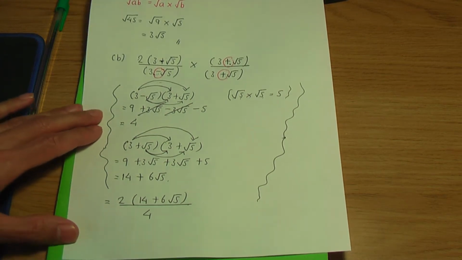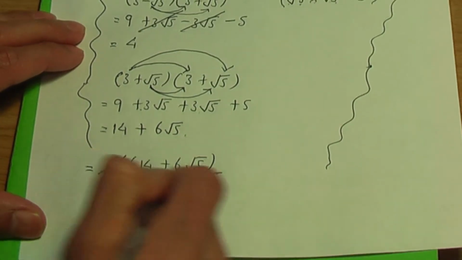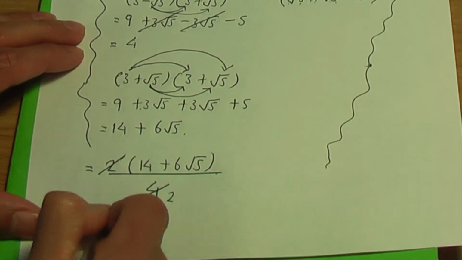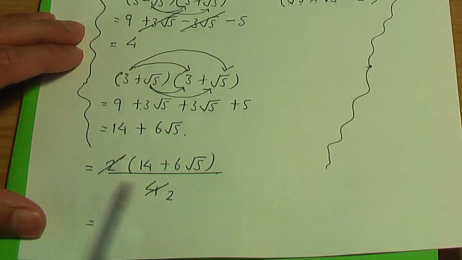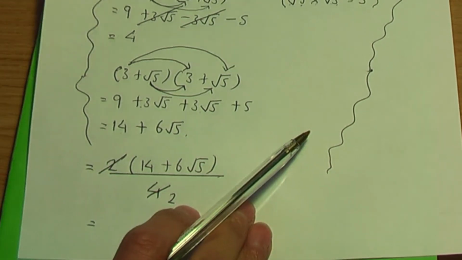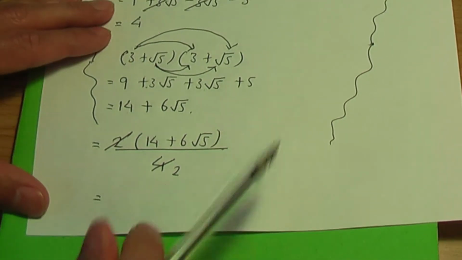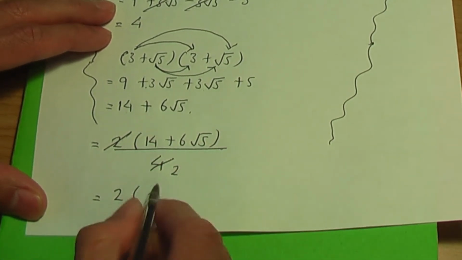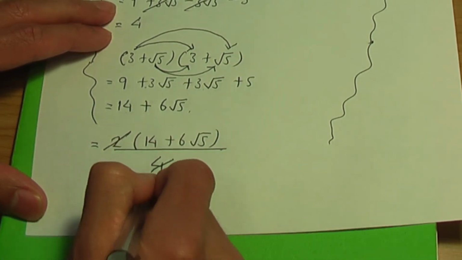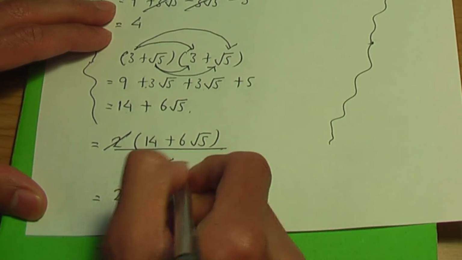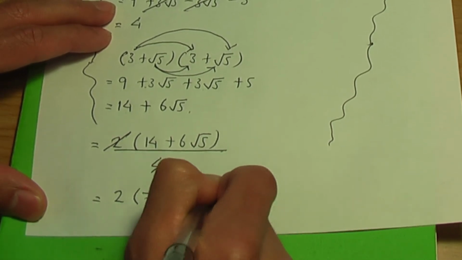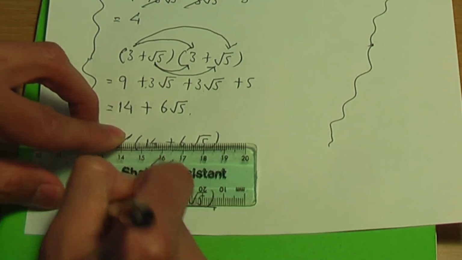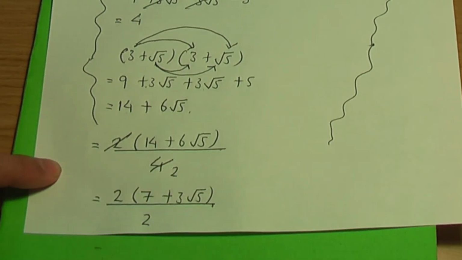Now what I'm going to do is cancel the 2 with the 4, so 2 goes into 4 twice, but also I can further factorise the numerator. Let me take a common factor of 2 from the numerator, and I'm left with 7 plus 3 root 5, in the bracket, divided by the 2 below.